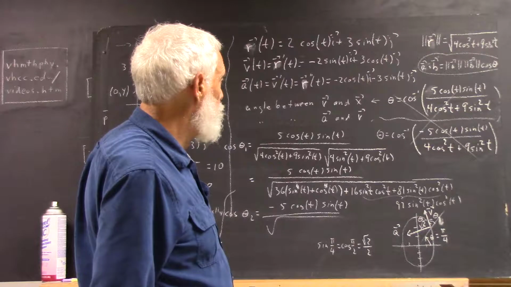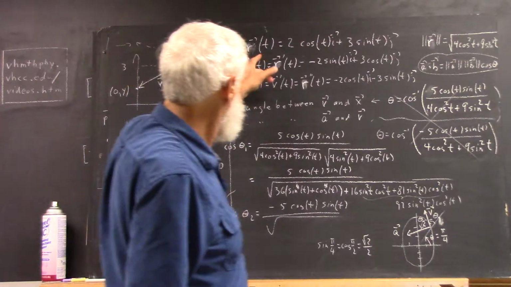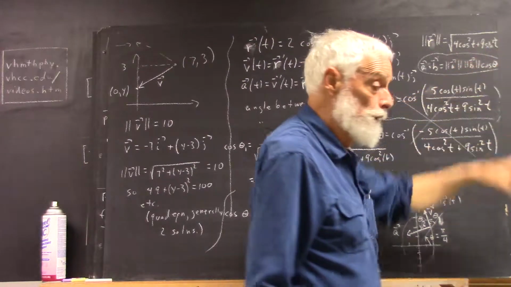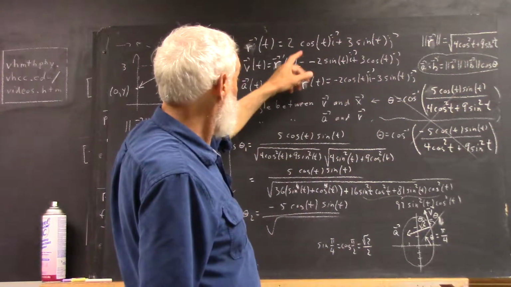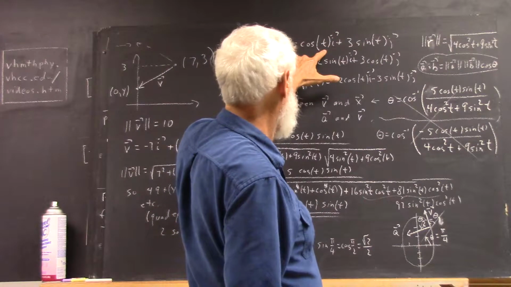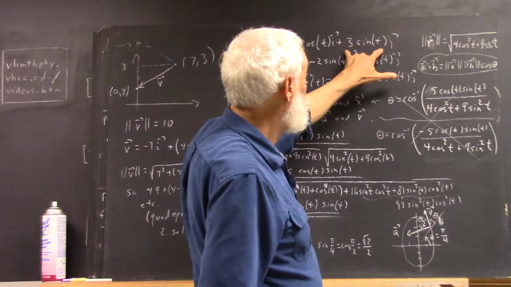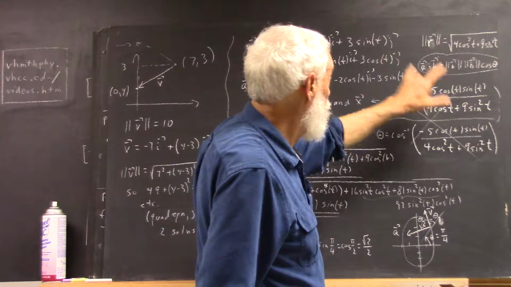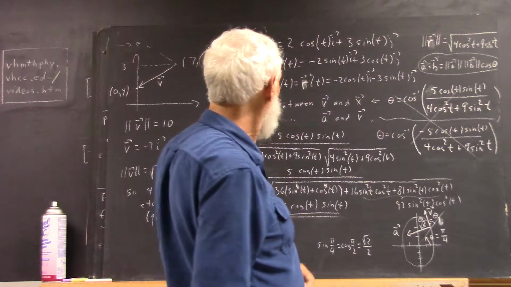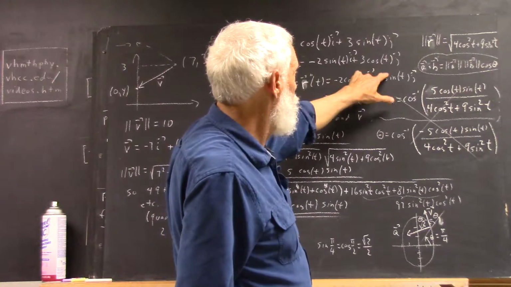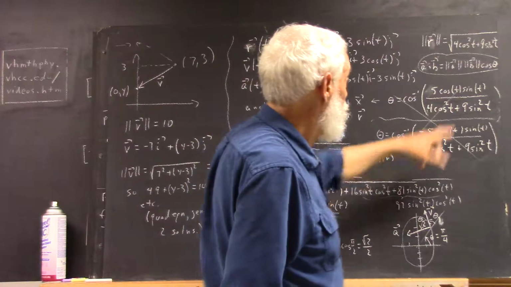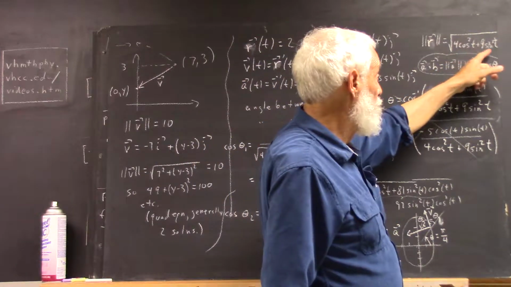Note a couple of things. The magnitude of your r vector is the square root of 4 cosine squared t plus 9 sine squared t, and that's obtained easily by squaring each component: you get 4 cosine squared t and 9 sine squared t. The magnitude of the v vector is the square root of 4 sine squared t plus 9 cosine squared t, so the cosine becomes a sine and the sine becomes a cosine.